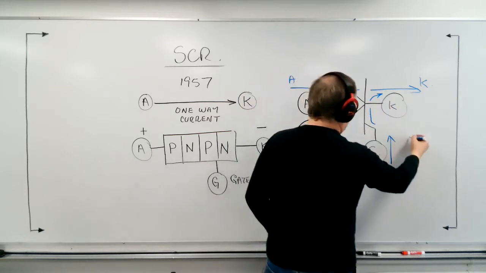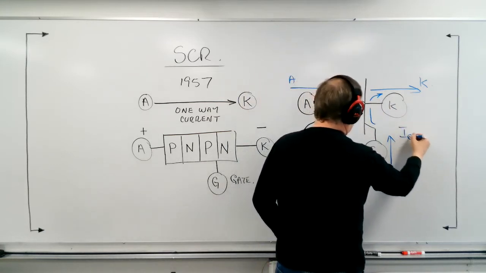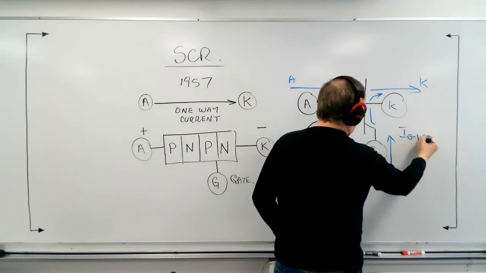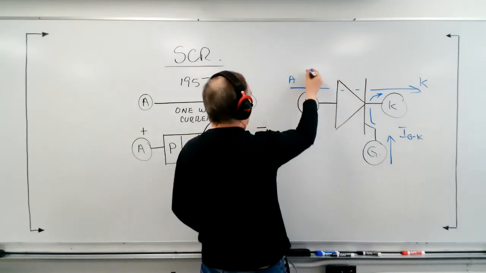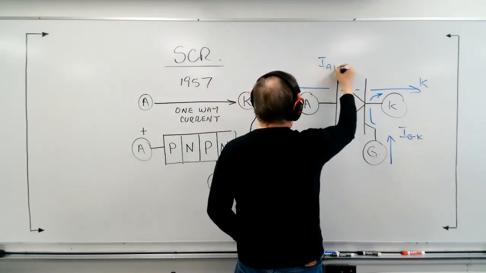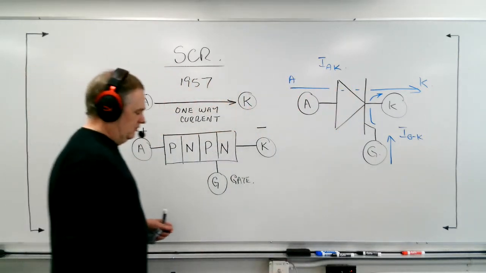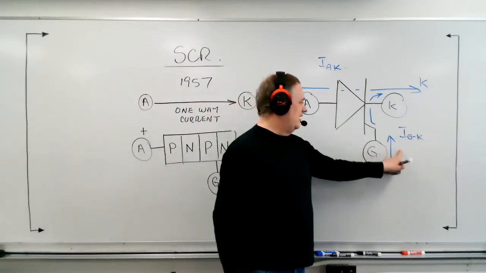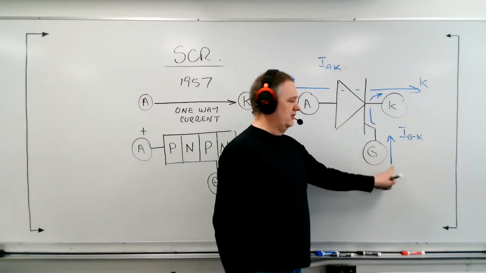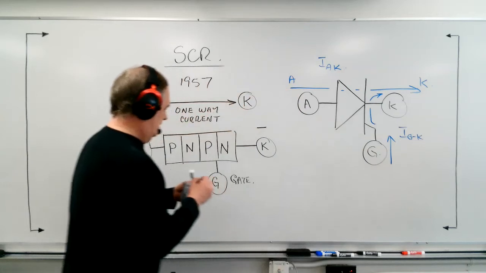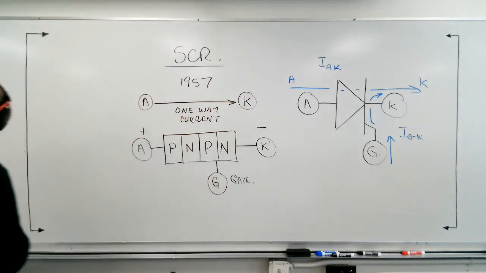So this current, we would say, is I from the gate to the cathode, and this is I anode to cathode. So there are two currents essentially, but just recall that this really is just a quick pulse. So this current doesn't flow all the time. And so very interesting the way that works.